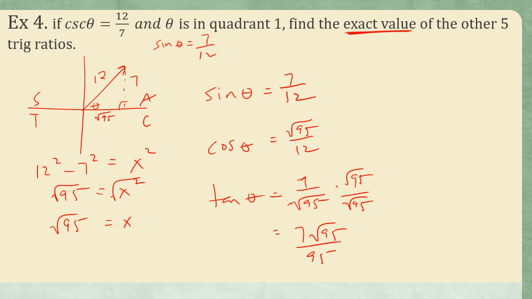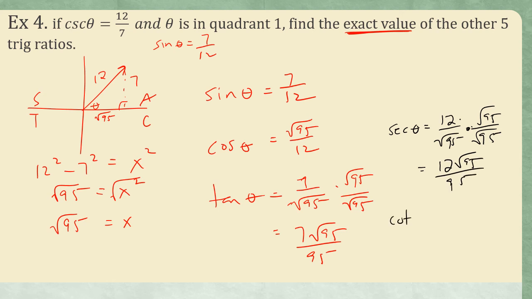I'm not going to bother doing cosecant. We already know what it is. Secant theta would just be that flipped, which would be 12 over root 95. Get rid of that root 95. 12 root 95 over 95.